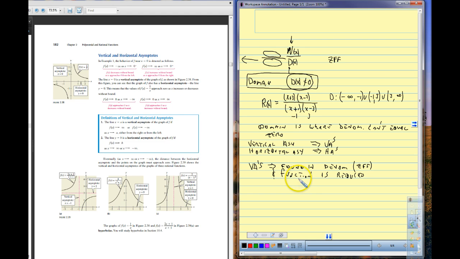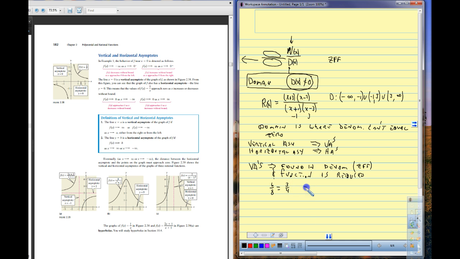That's important because if we have another function that is not reduced, then the appearance of a zero in the denominator would be what we call a hole. If we had the fraction 6/8 and we reduced that, we would typically write it as 3/4.